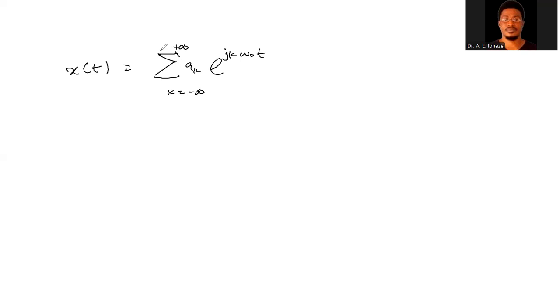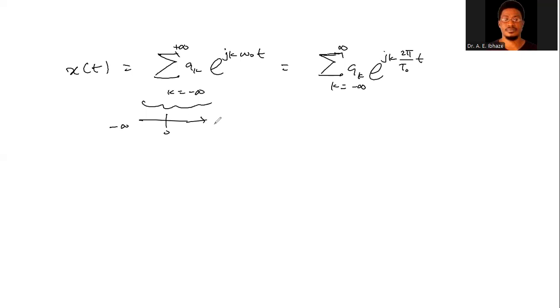And this is also the same as the sum over k from negative infinity to positive infinity of a sub k exponential j k 2 pi over T0 t. Okay. Now, you'll observe that this component takes on values from negative infinity to positive infinity. Okay? Should we consider the time points?